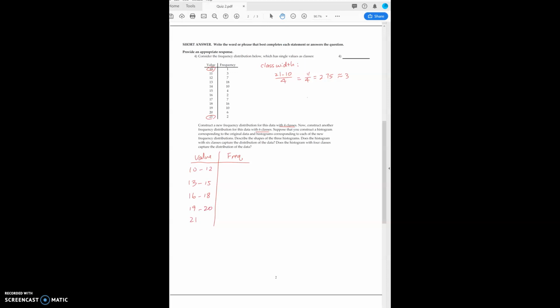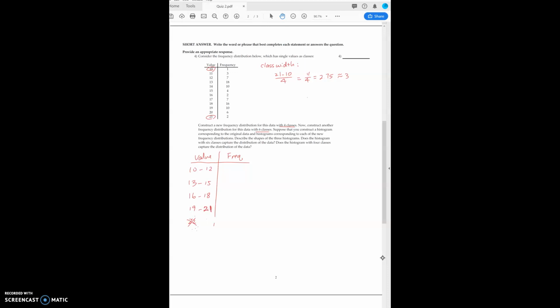And 21 to 24, but we do not need it. I think I counted wrong. So 19, this is going to be 22. Okay, 19 plus 3 is 22, which is the one we do not want, so I'm just going to end it at 21.